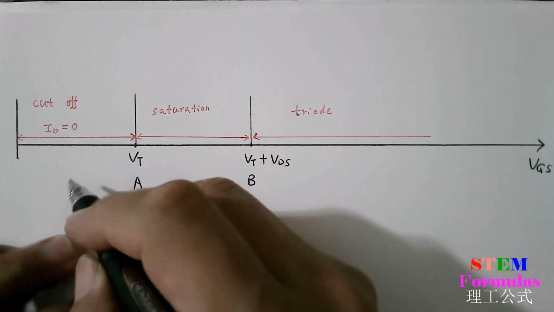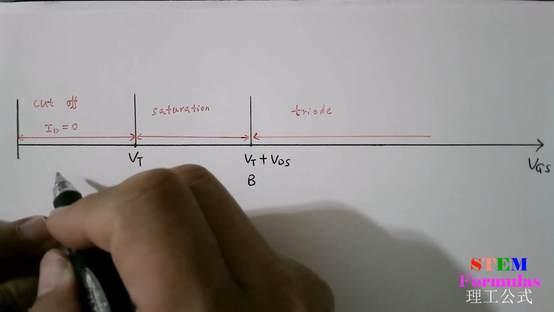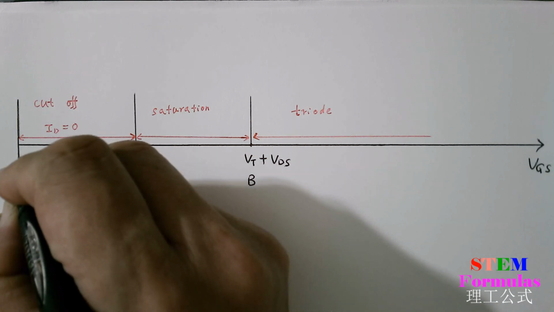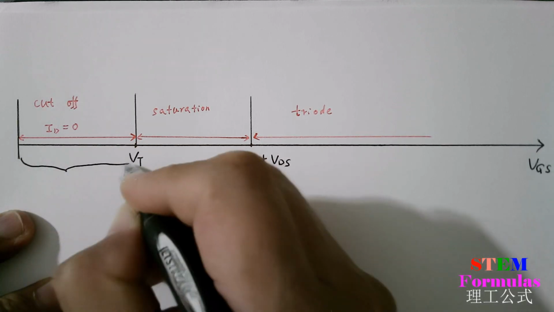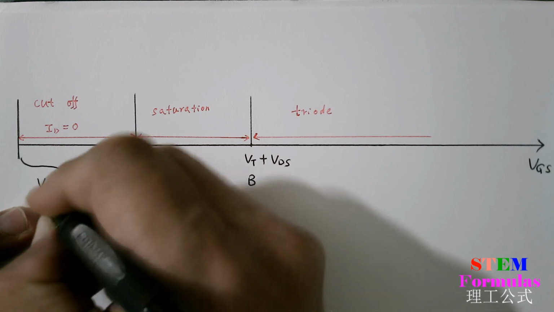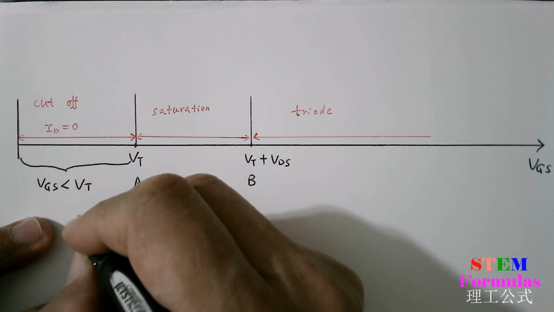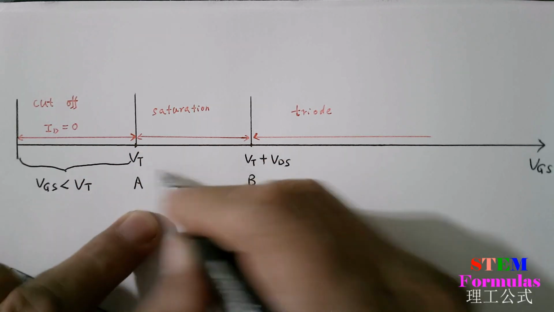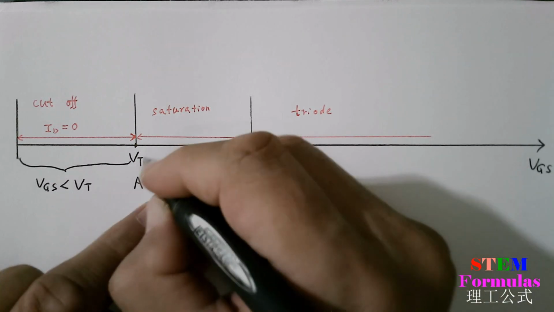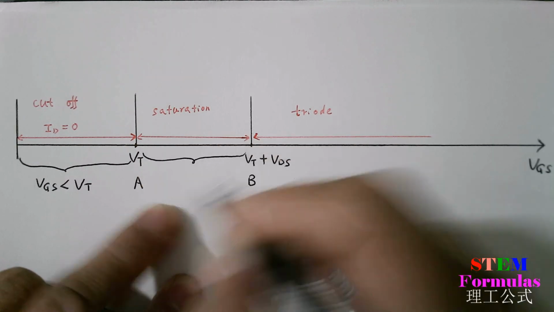Now, in this region, VGS is smaller than VT. Now, in this region from A to B, VGS goes from here to here.